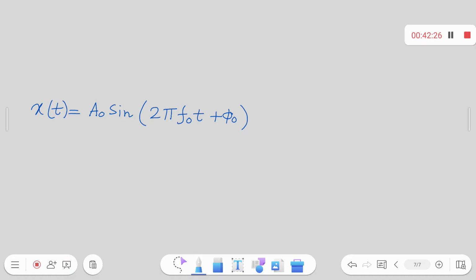This is a sinusoidal signal, where f naught is given by 1 upon T naught.